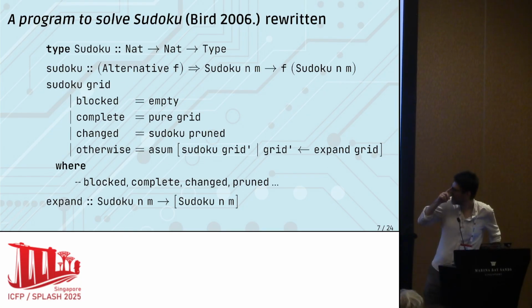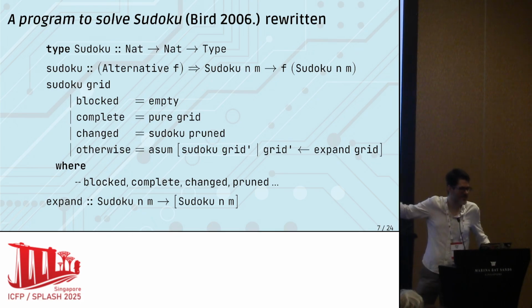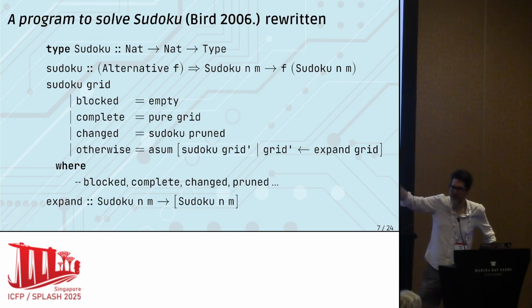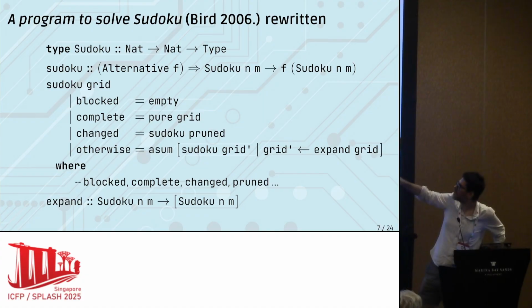So this is a slightly rewritten, reformulated version from the paper. But the details don't matter that much. The basic point is that given some Sudoku grid, we have a bunch of branches. We detect if we need to backtrack. Well, actually, the backtracking is kind of implicit here, right?